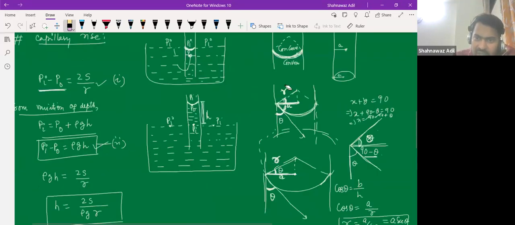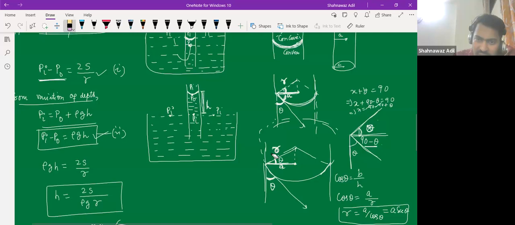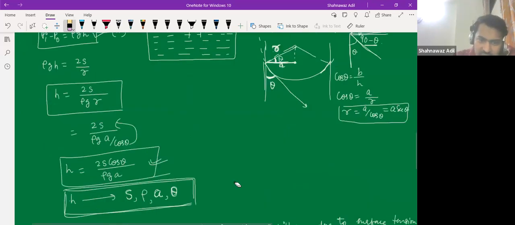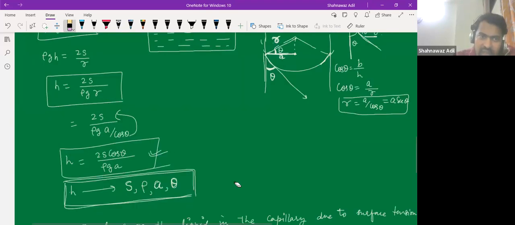Then we used trigonometry to relate this radius with the radius of the cylinder. That is all that we did in this capillary topic.